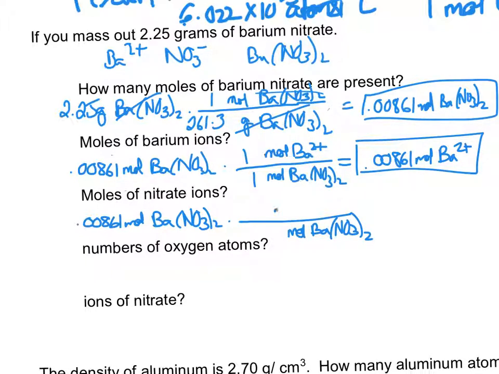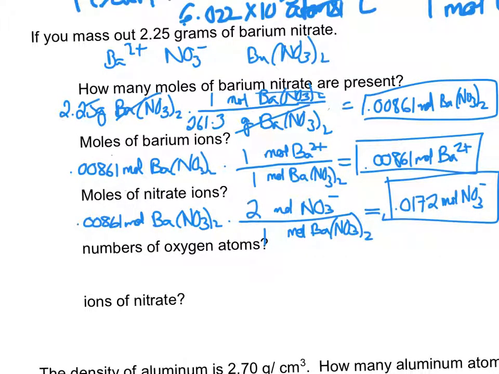And on top, we'll put moles of the nitrate ions, which are the NO3 minuses. And for every 1 mole of the barium nitrate, I have 2 nitrate ions, or 2 moles of nitrate ions. So when I multiply this through, I get 0.0172 moles of NO3 minus.